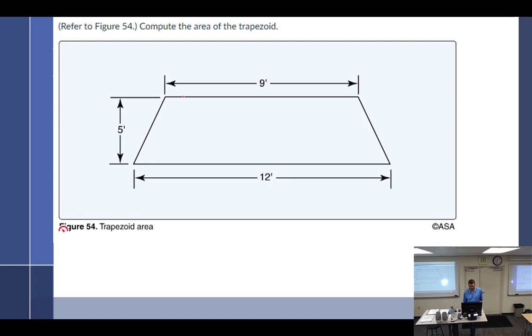So the average of the length of the parallel sides times height, h.